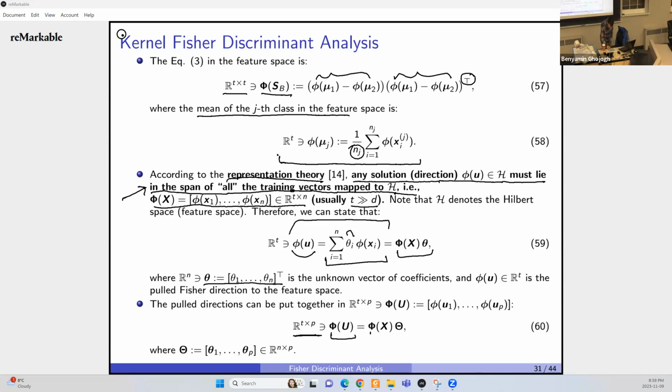Then this becomes this, but theta becomes a matrix this time rather than a vector. Theta becomes n by p. Theta 1, theta 2 until theta p as its columns. So far clear? Okay. Why should it be n by p? Because phi x is T by n. T is the dimensionality of Hilbert space. As a result, theta must be n by p. So phi u becomes T by p.